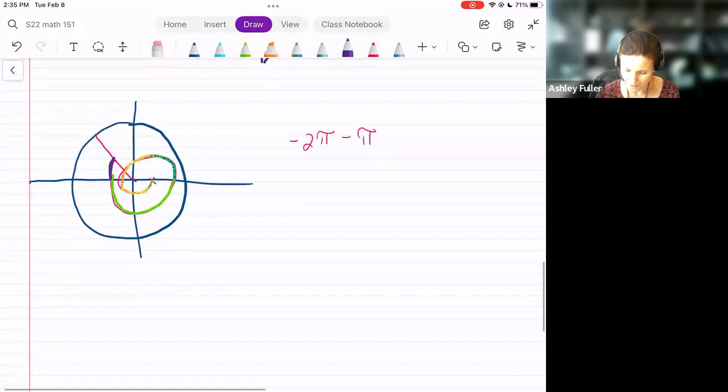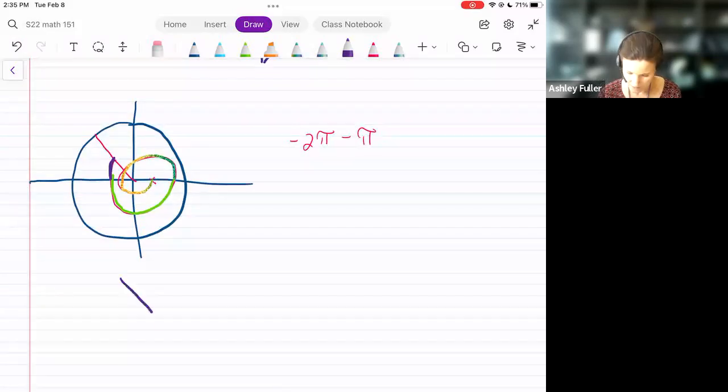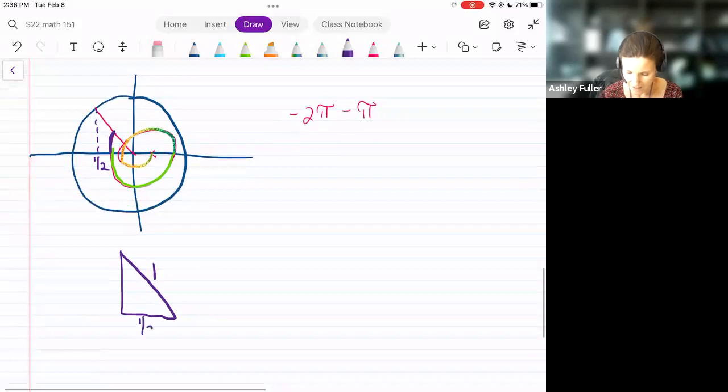Well, let's pull down that triangle. If you were to label this, this actually comes out to 1/2, and you would see that marked off clearly on a graph. We know that this is the radius, which is 1. And so this is half of that.